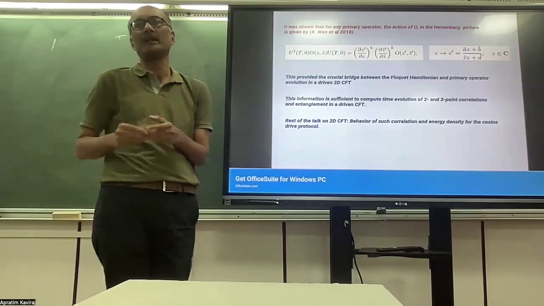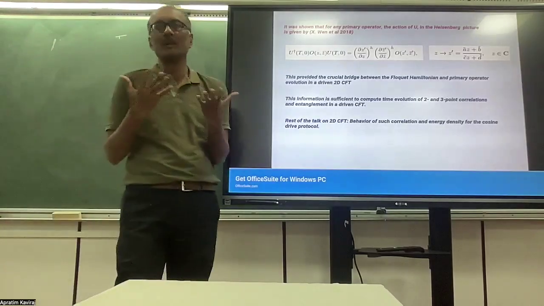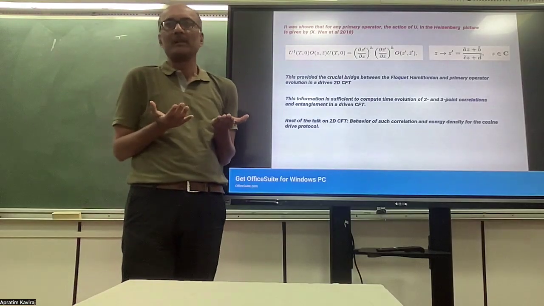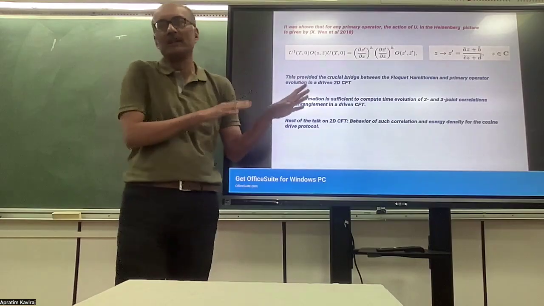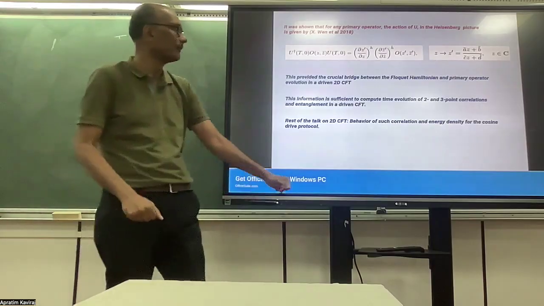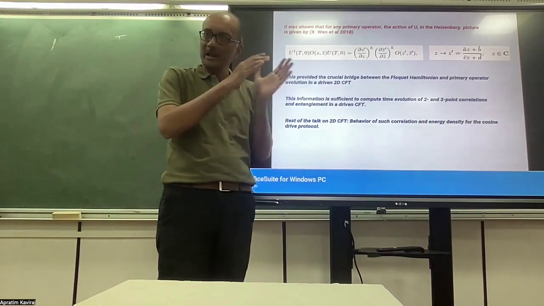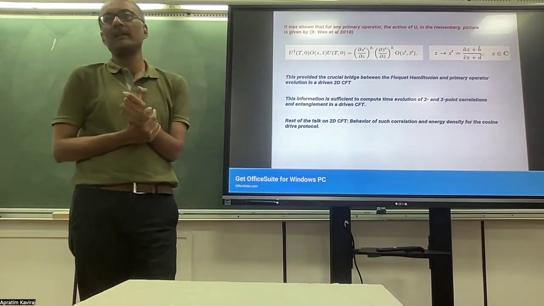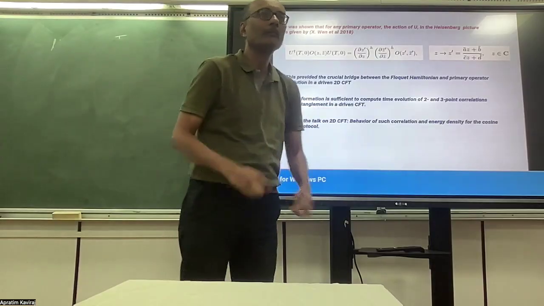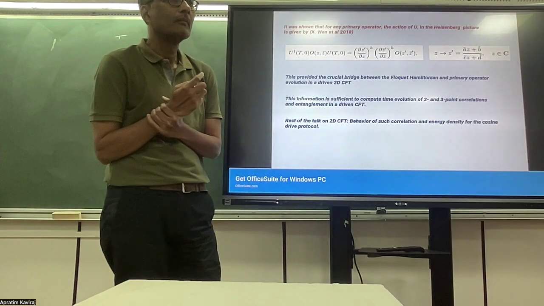That's the transformation that I did. Because at the end of the day, what am I going to do? I'm going to compute these correlators. And these correlation functions of primary operators, I know how to write them, at least for the two and three point. For four and higher, I'll have to do something else, but forget about that. And then I will use this coordinate transformation to write the new dynamical correlators. That's the game.